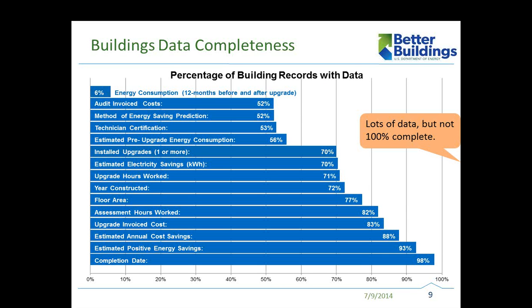And then another reason why we had some challenges is if a project was completed in July of 2013 or June of 2013, it wouldn't be until today that we would actually be able to obtain that 12 months post-energy consumption data for that home or building that was upgraded last year.